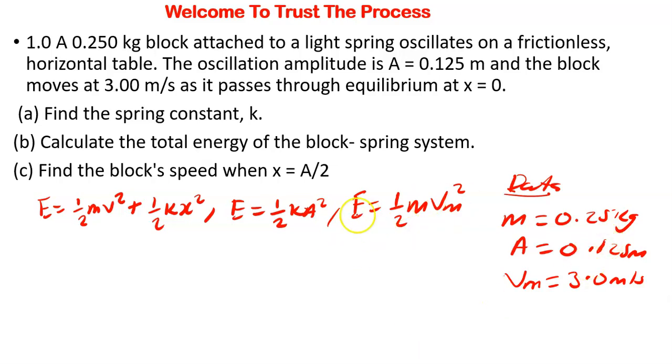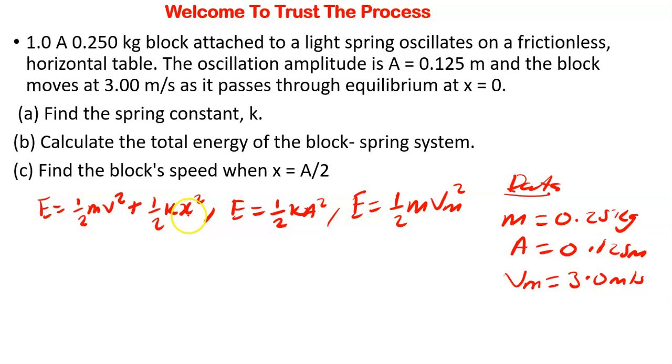Now, how do we find the spring constant? The spring constant can be found by equating any two of these equations. We cannot use equation 1 because we don't know the velocity. This velocity isn't the same as the maximum velocity; it will be less than the maximum velocity.